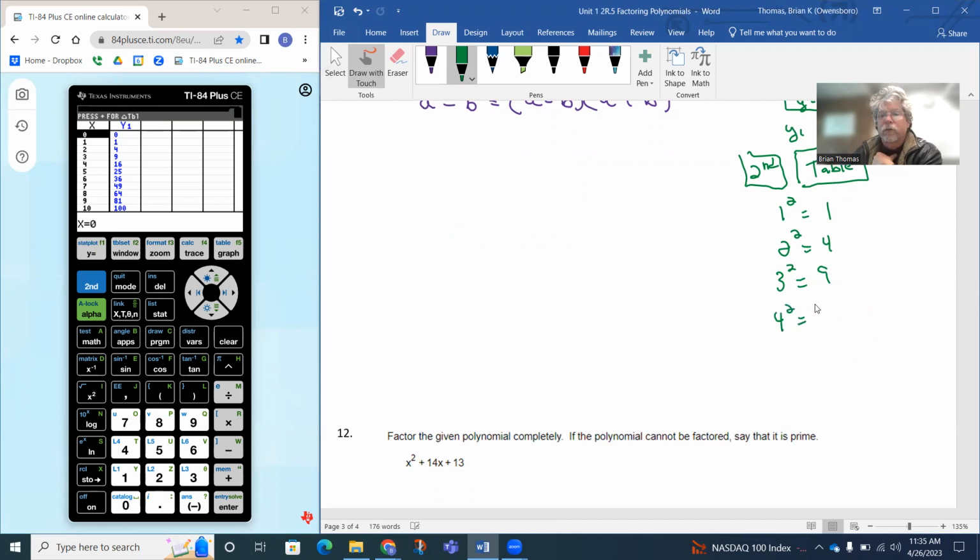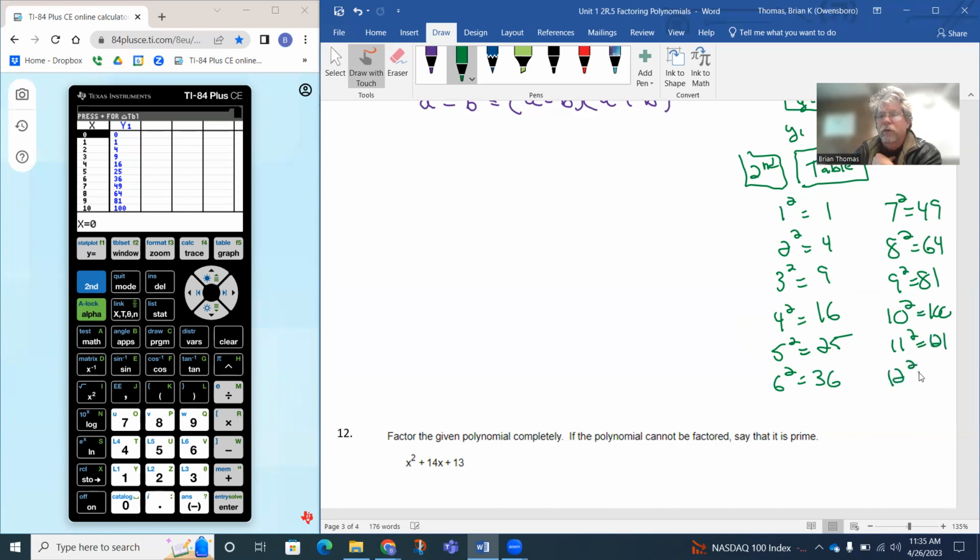4 squared equals 16. 5 squared is equal to 25. 6 squared is equal to 36. 7 squared is equal to 49. 8 squared is equal to 64. 9 squared is equal to 81. 10 squared is equal to 100. 11 squared is equal to 121.